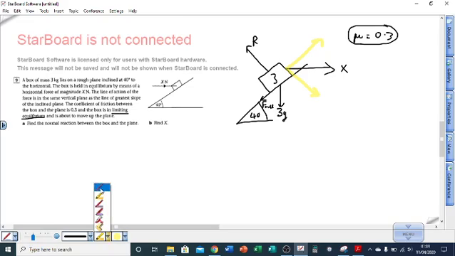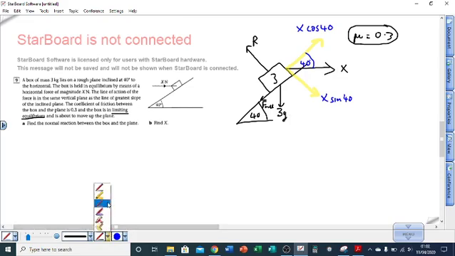Well, if that's 40 degrees, that's a corresponding angle, so that's 40 degrees there. So the component in this direction is the force X times cos 40, and the component going down here is the force X times sin 40.